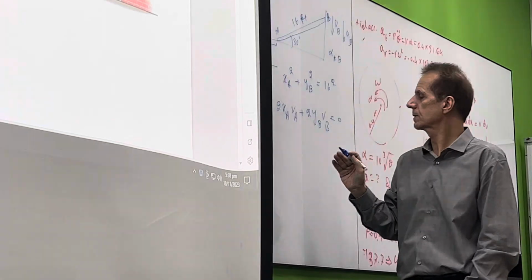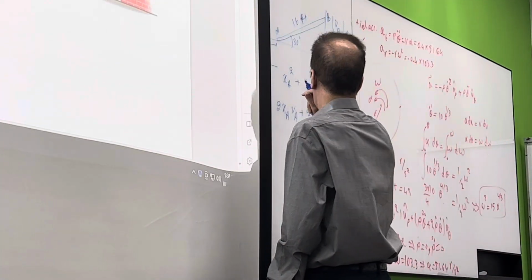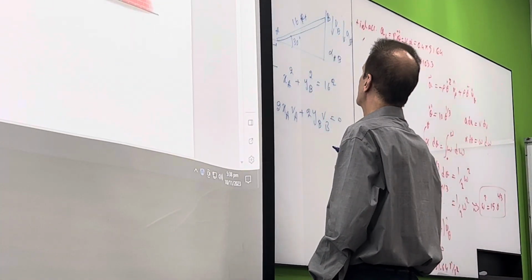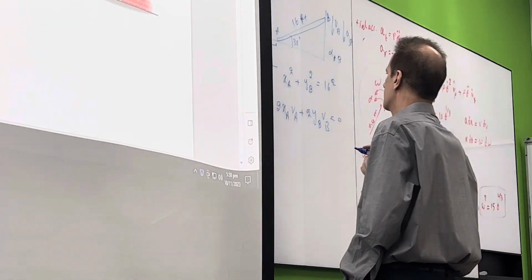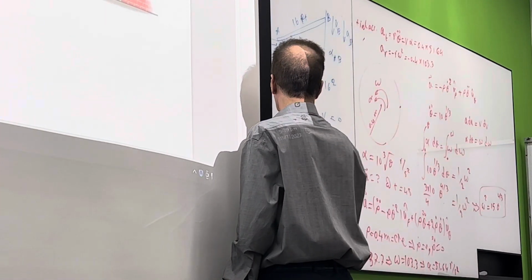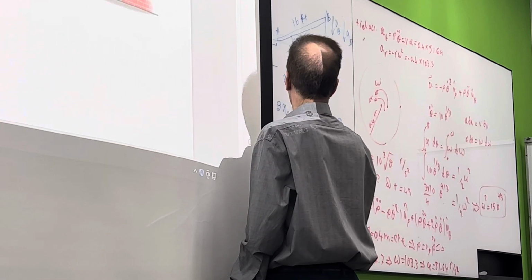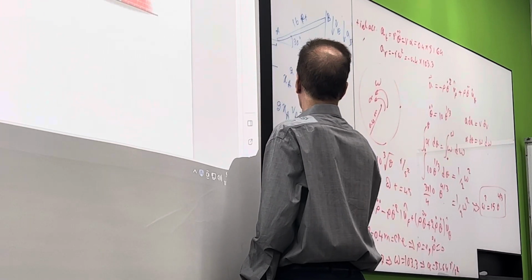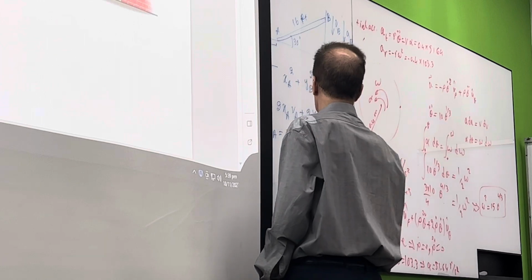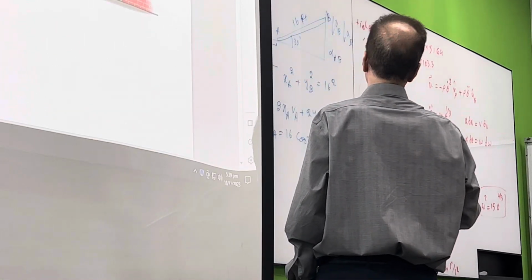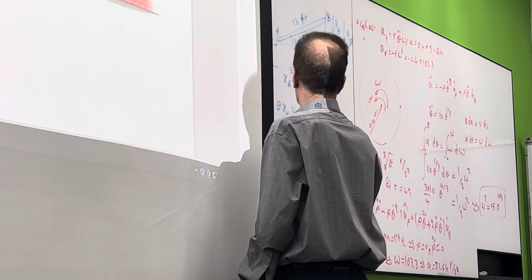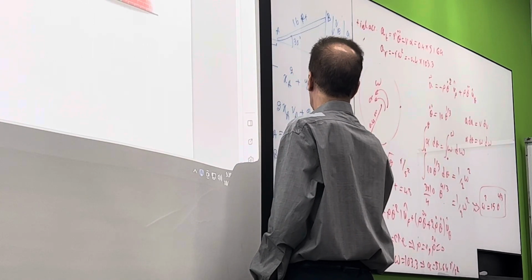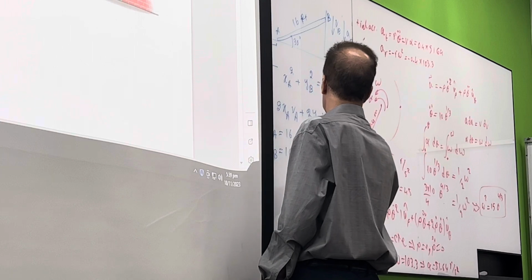So it means you need to find XA. XA is equal to 16 cosine of 30, and YB is equal to 16 sine of 30, which is equal to 8.